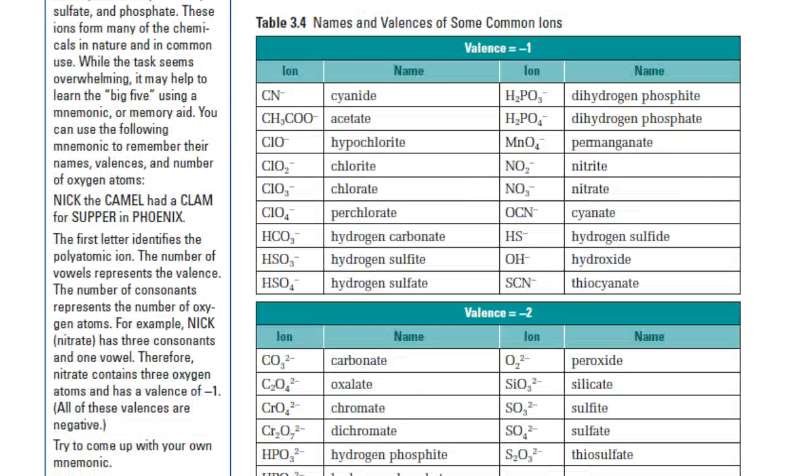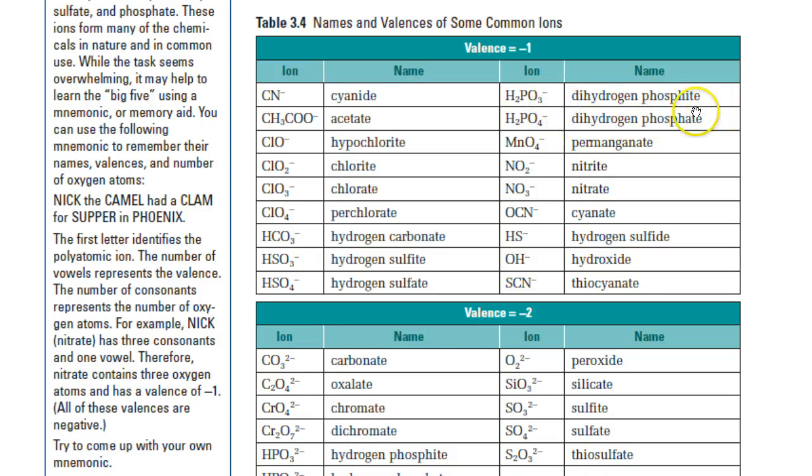On page 98, there's also a table summarizing the name and valence of common polyatomic ions. Now these are the ones I've asked you to memorize. I do want to point out some things on here. For example, we've got phosphate and dihydrogen phosphate, and you'll notice that the only difference between the two is that oxygen.